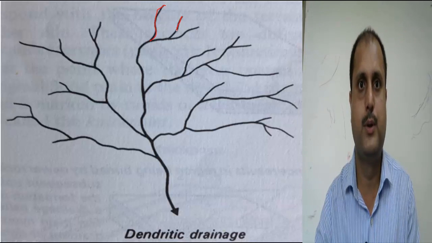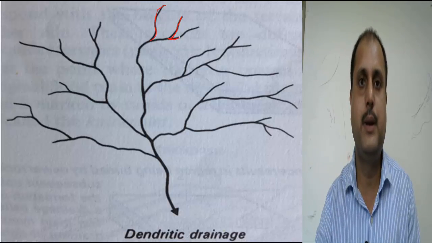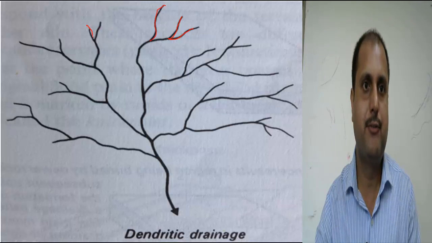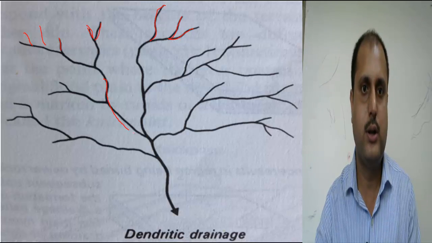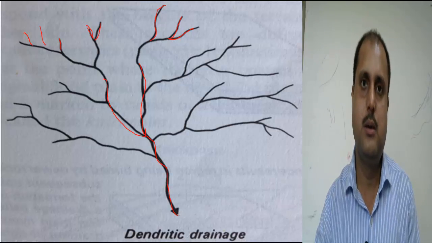The slope is medium, it is not a high slope, and at the same time it is formed in a plain area, not on a mountain area. So the streams will come from different places and join the main river. This is the main course of the river, and that is how the river emerges.